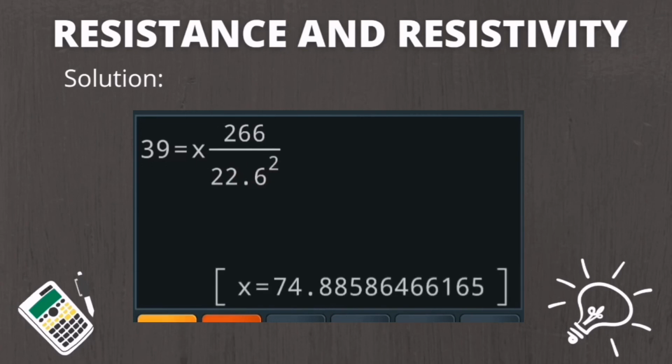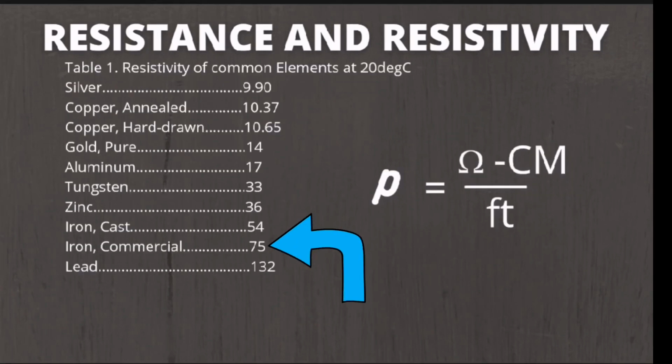Based on the result, the resistivity of that material is 75 ohm circular mil per foot. Using table 1 for the resistivity of common elements at 20 degrees Celsius, it will be seen that commercial iron has a resistivity of 75. So the material used in problem number 3 is commercial iron.